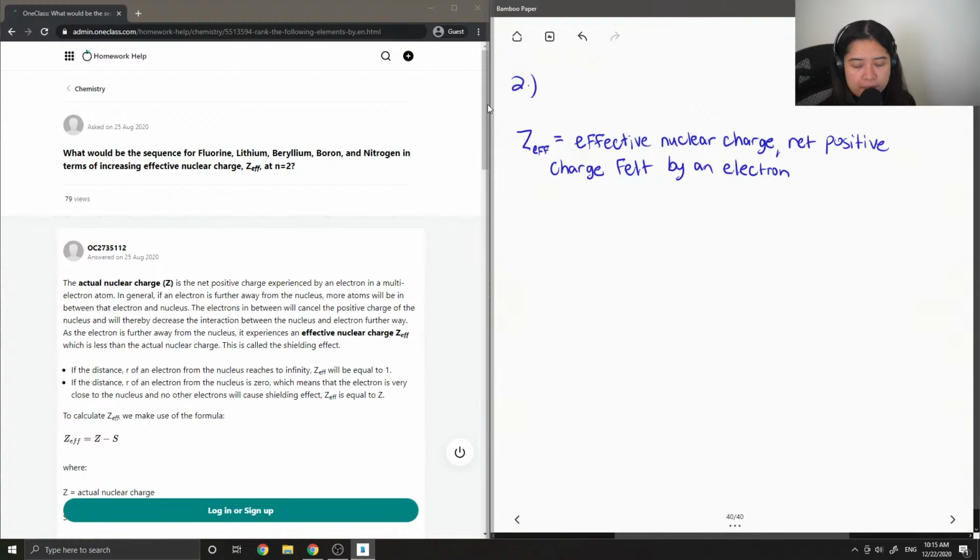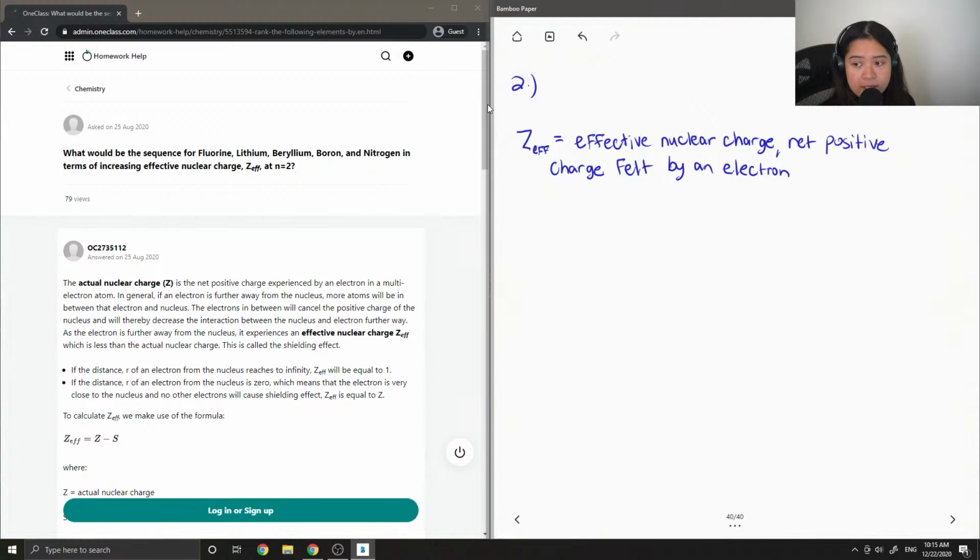So this is mainly because the nucleus is positively charged. So depending on where an electron is, like how close it is to the nucleus of an atom, it will feel a different nuclear charge than another electron.